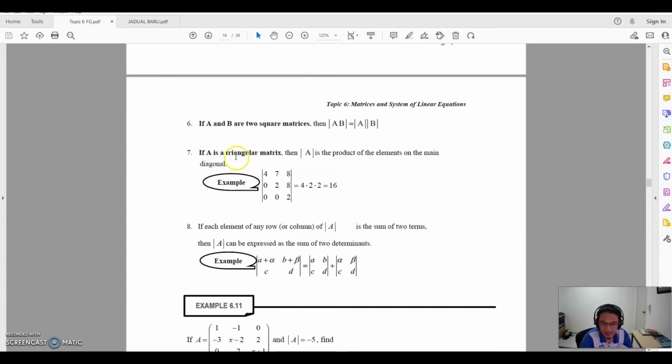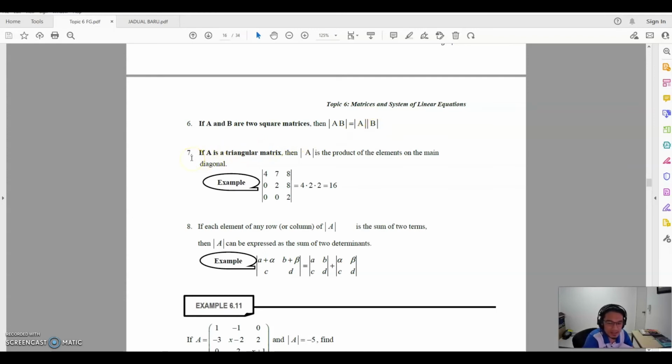Then identity number 6. If A and B are two square matrices, which have the same number of columns and also the same number of rows, then the determinant of AB is equal to the determinant of matrix A multiplied with the determinant of matrix B.